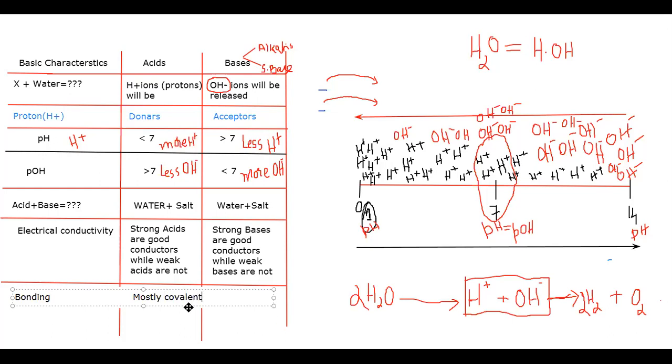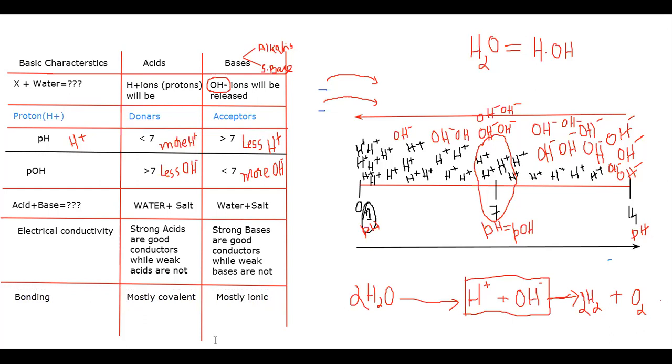So bonding is usually covalent, while in bases it is mostly ionic. Now this is the thing that I need to share in my class today.